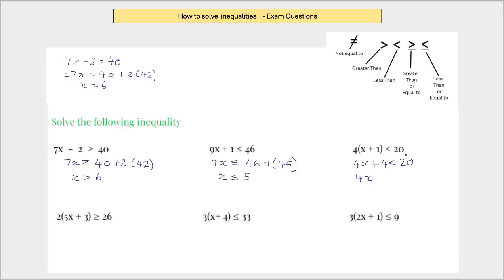Take our 4 over the inequality, and it becomes 20 minus 4 this time, which gives us 16. Divide by 4, and it's saying that 16 is less than x. Okay?